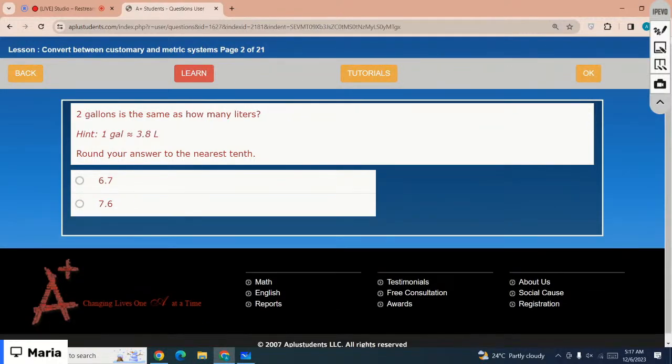Okay, 2 gallons is the same as how many liters? And you are given the hint 1 gallon equals 3.8 liters. So you need to multiply 3.8 times 2. So which is the correct option?